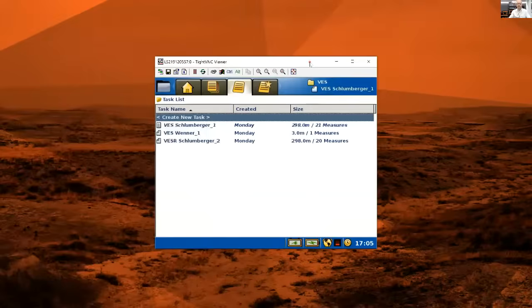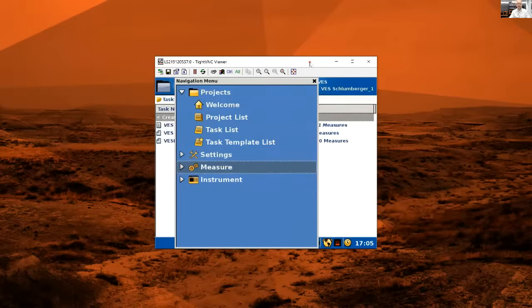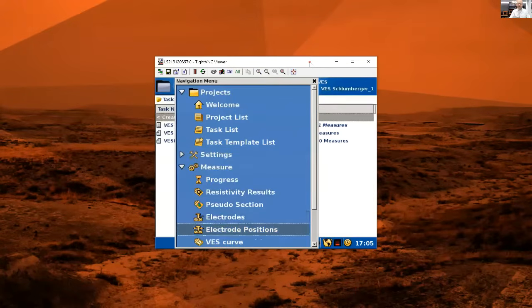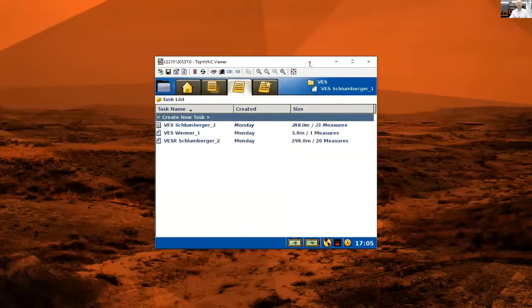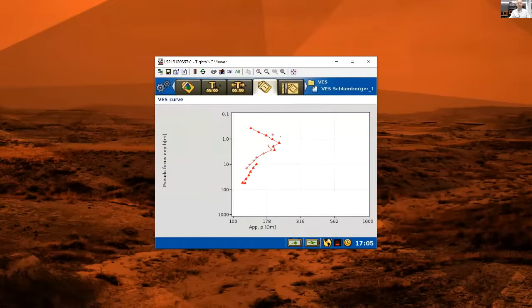It's the wrong button, sorry. Bring up the menu, jump to the VES curve. Here we can see that there are more data points in this particular sounding.